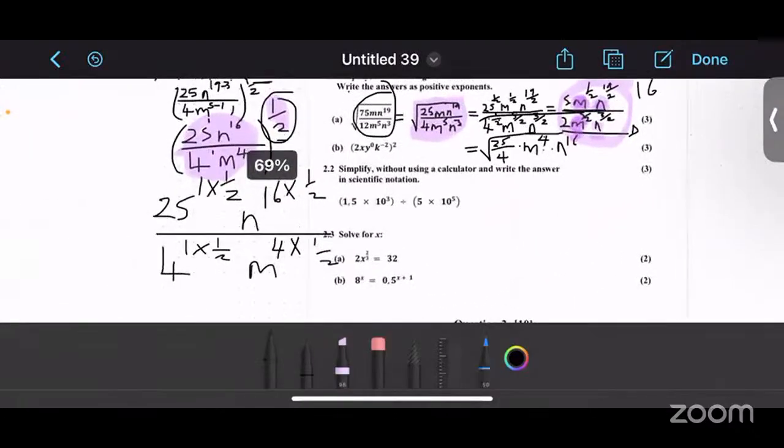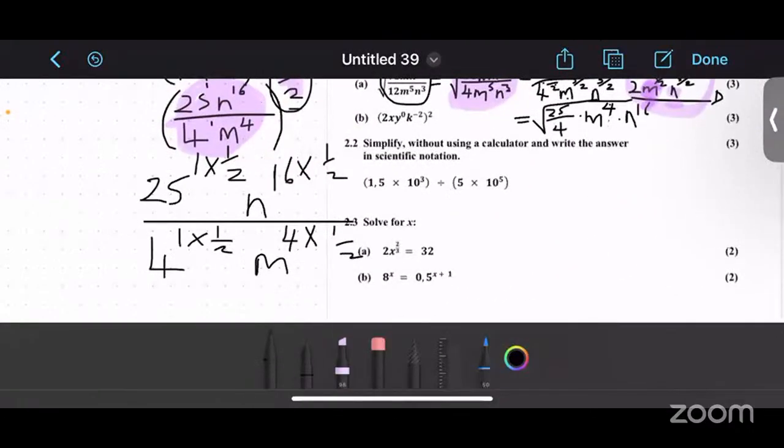So basically, this is how you do it. This is how you get rid of a square root that has the power. You're going to make sure that everything inside the square root or inside the brackets has its exponent multiplied by 1 over 2, if it's a square root.